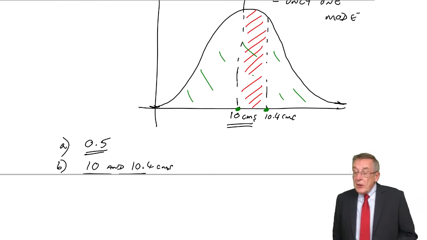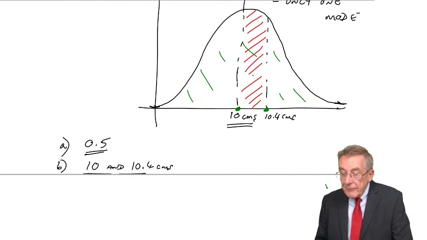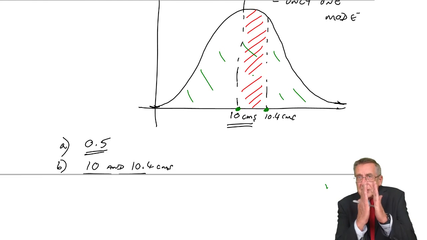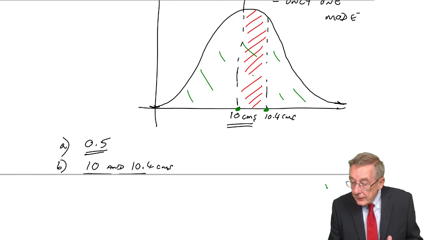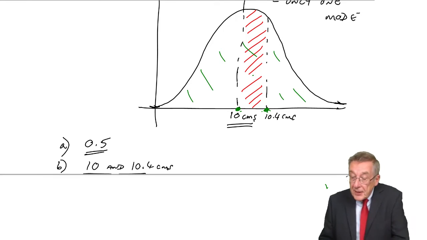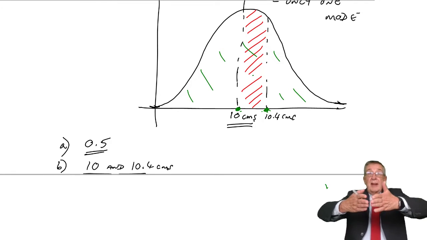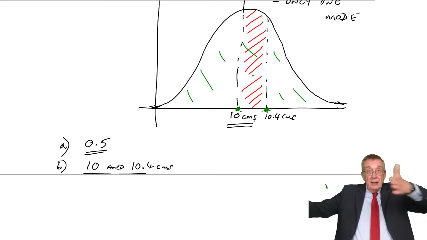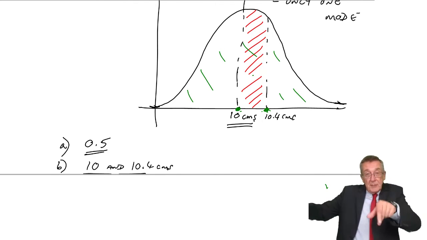The only thing is, though, the proportion very much depends on the spread. If all these units were very, very close to 10 centimetres, then to be 10 to 10.4 would be nearly 50%. But on the other hand, if these units are very widely spread, the proportion between the average 10 and 10.4 is going to be much smaller.